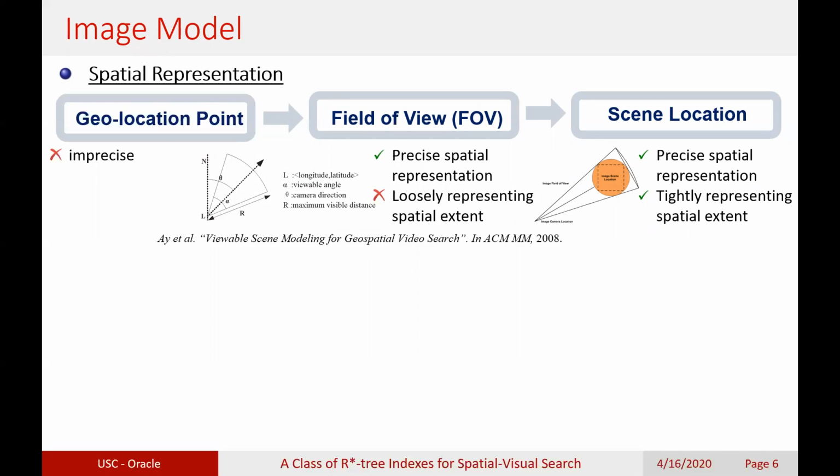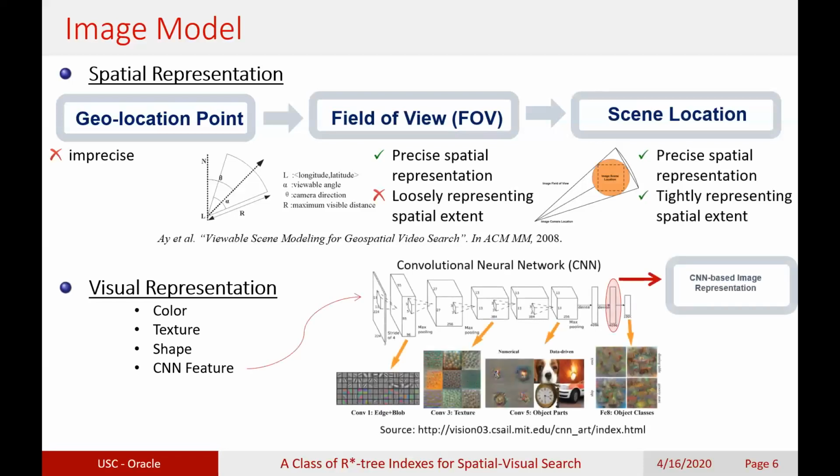In terms of visual representation, we can represent an image visually using multiple features such as color, texture, and shape, and also convolutional neural network image features. Recently, CNN showed successful results in multiple computer vision tasks such as image classification and object detection.